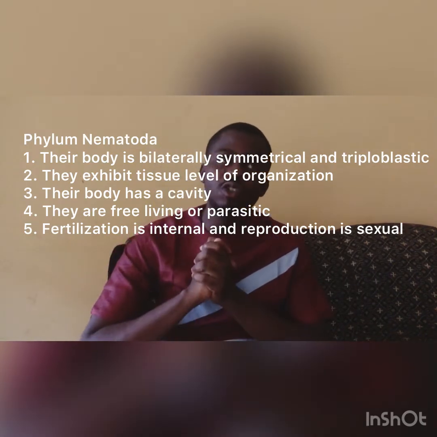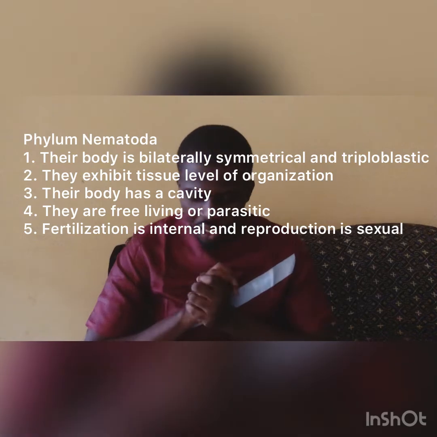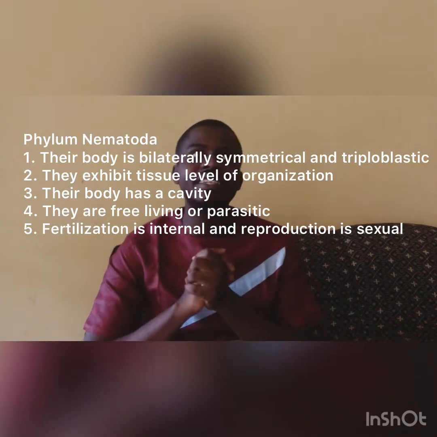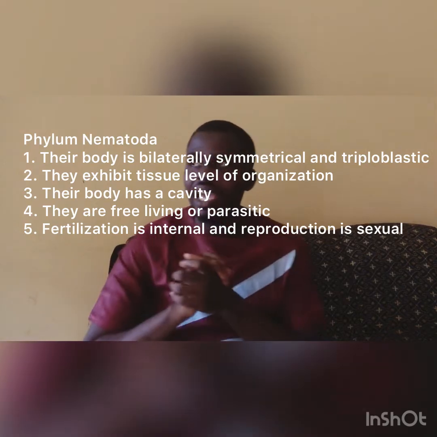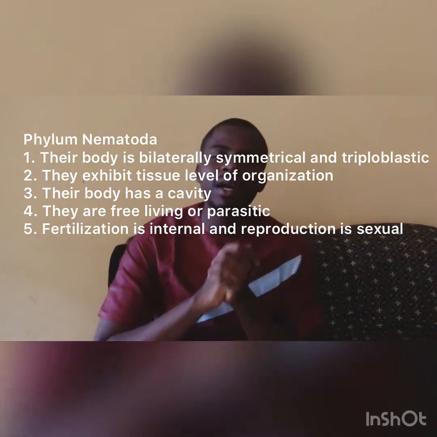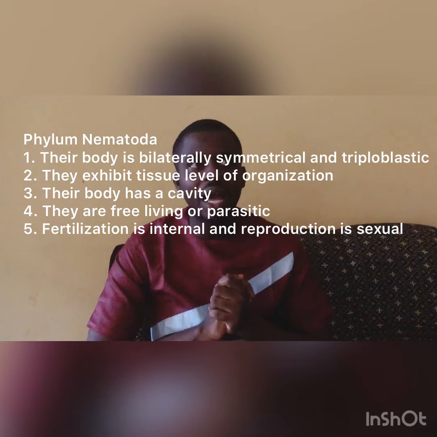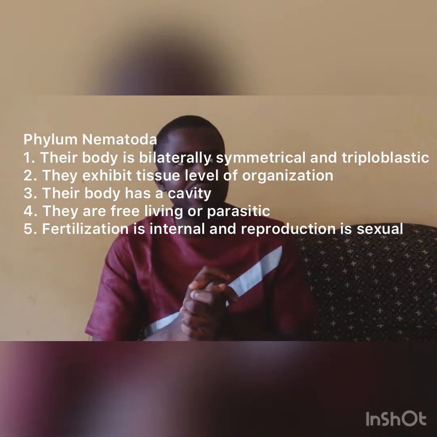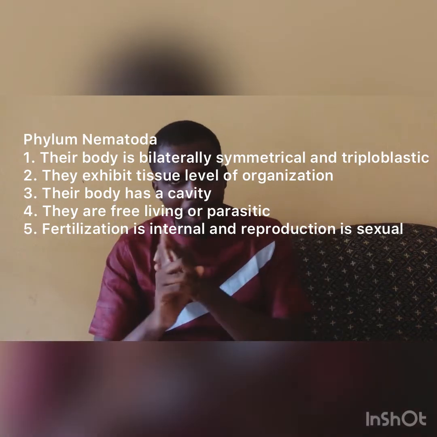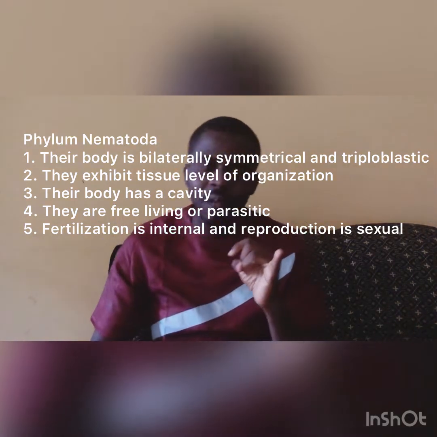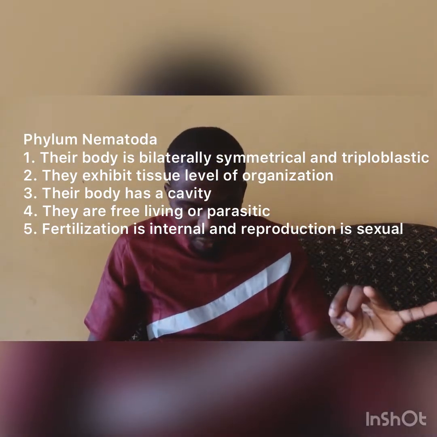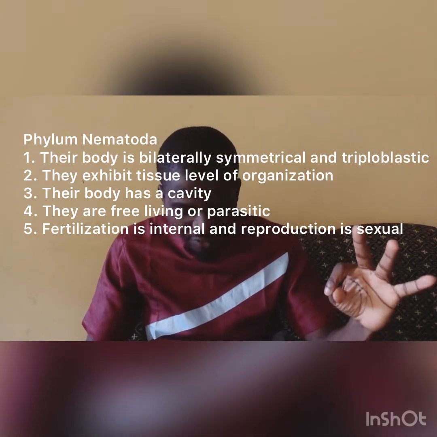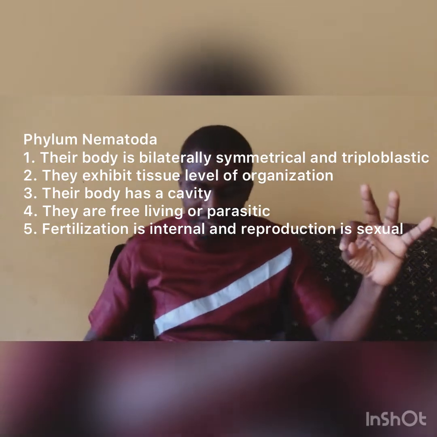And Nematoda also exhibit tissue level of organization, and their body has a cavity, and they are either free living or parasites. So don't forget: bilaterally symmetrical and triploblastic, tissue level of organization, their body has a cavity, and they are free living or parasitic.